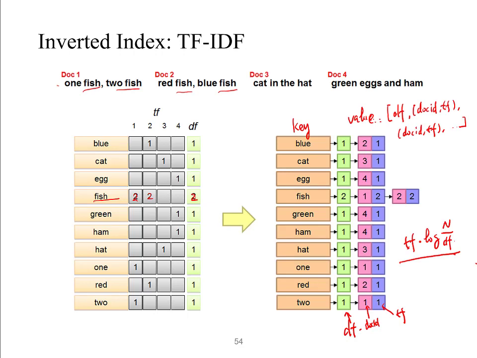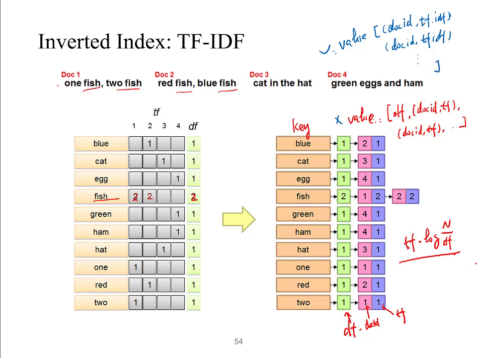I realized that here there is an inconsistency. So in this example, this is not right. The value should be a document ID and TF IDF, and another document ID and TF IDF, and so on and so forth.